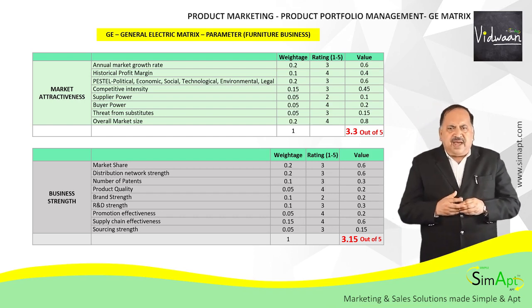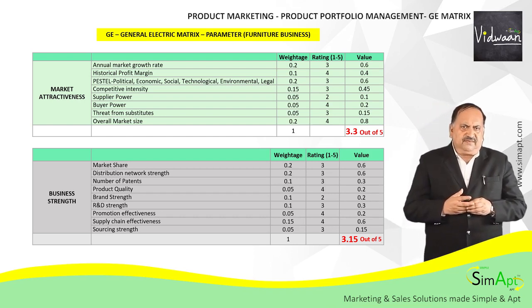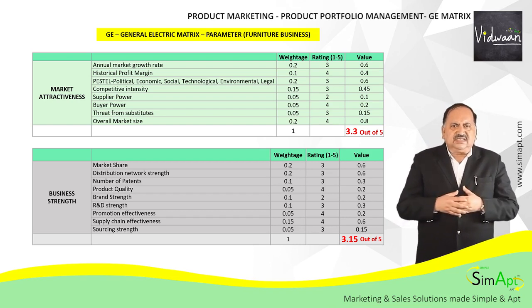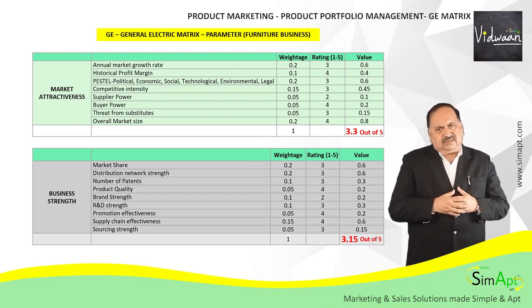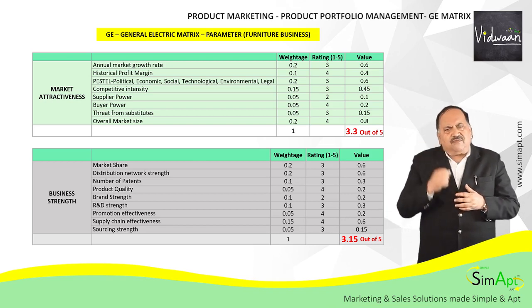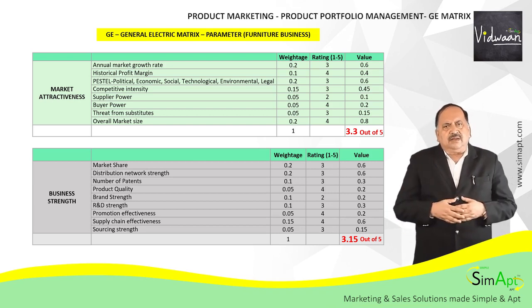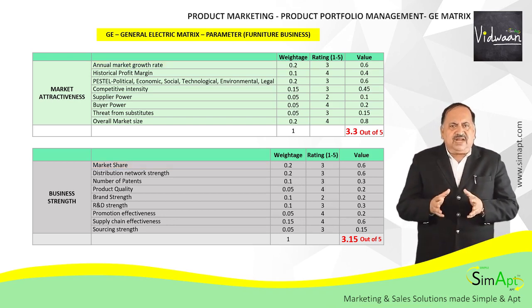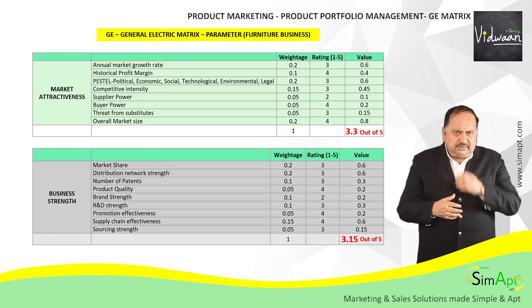Like the parameters for market attractiveness, those business strength parameters would also change if the business is changed from furniture to some other business. The concept of weightage and rating remains the same. Note that market share and market growth rates are the parameters used in plotting the BCG matrix.